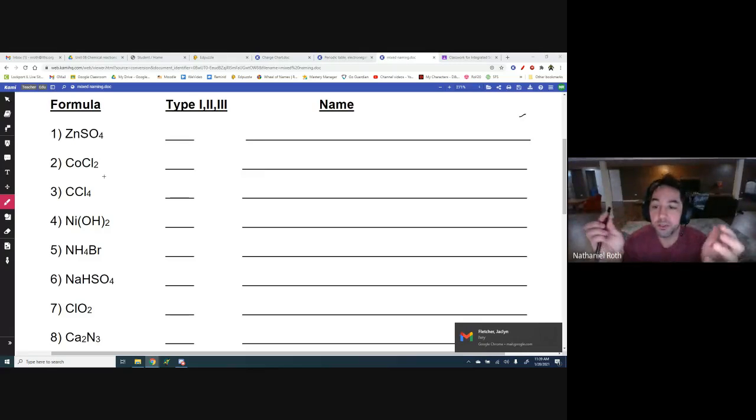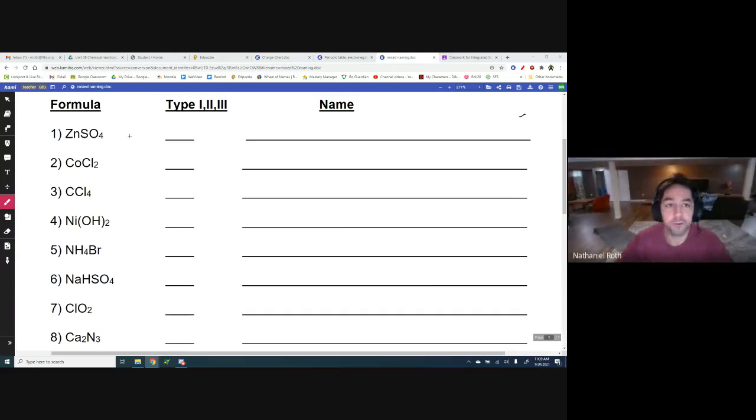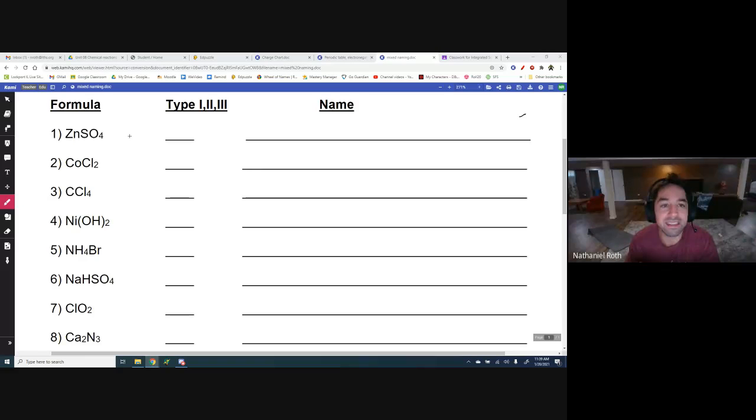So we are going to do several of these problems. The first one we have is ZnSO4. Now, when you are not sure if you're naming a covalent or ionic compound, the very first step you have to take is identifying it. The way that we identify if it's a covalent or ionic compound is by looking at the very first part, so the Zn right here.